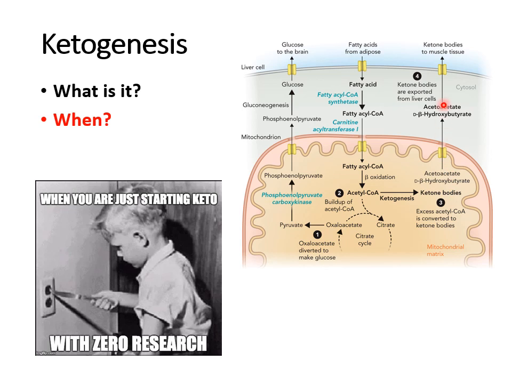So you see how over here the ketone bodies are sent to muscle tissues, where if you're starved for carbs, you can use those ketone bodies as a way to get energy for your muscles.